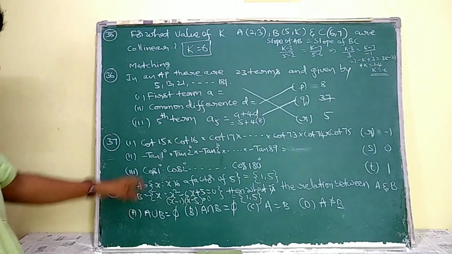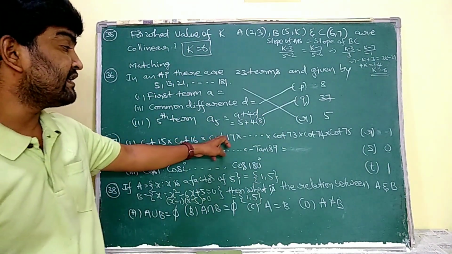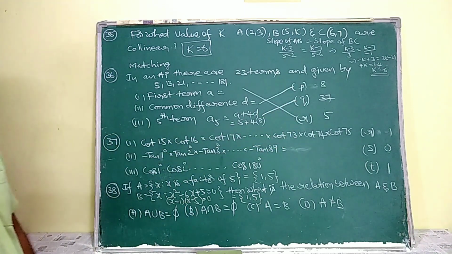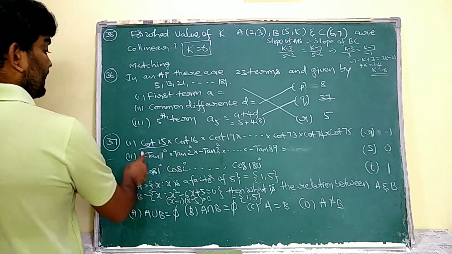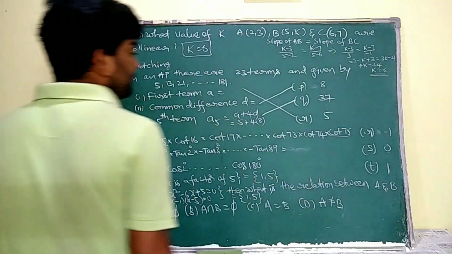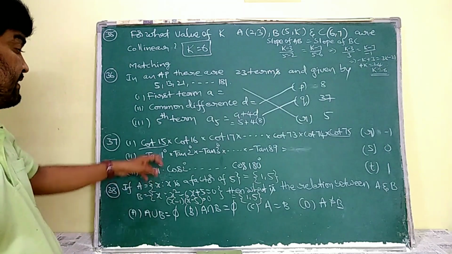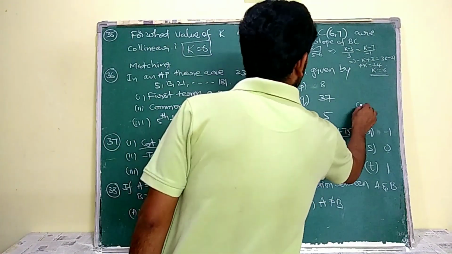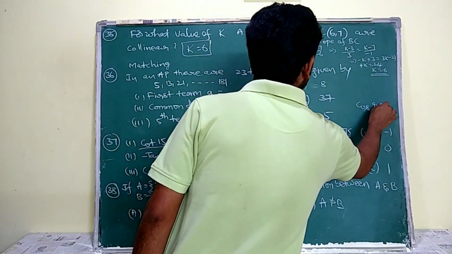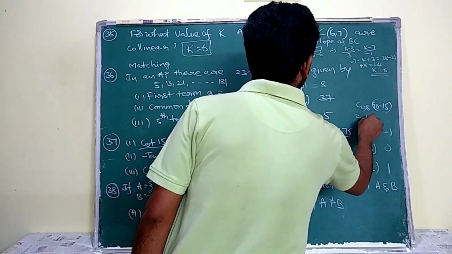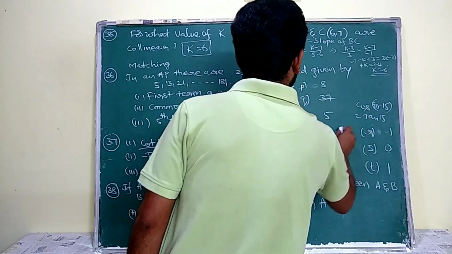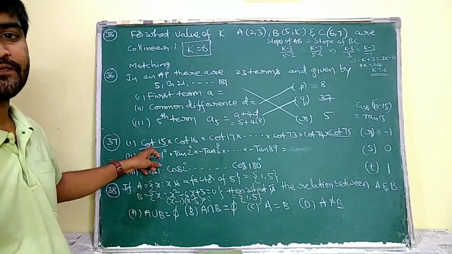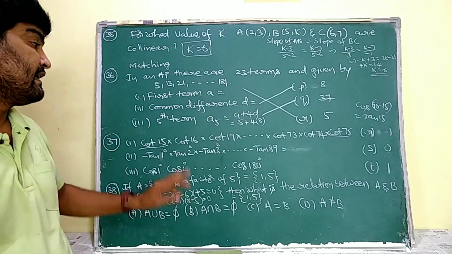Now see here. Cot 15, cot 16, cot 17, and so on, cot 73, cot 74, cot 75. Now its value, see, cot 15 and cot 75 are complementary angles to each other. Cot 75 must be arranged as cot of 90 minus 15, which is tan 15. That means cot 75 and cot 15 gives us cot 15 into tan 15, that is 1.